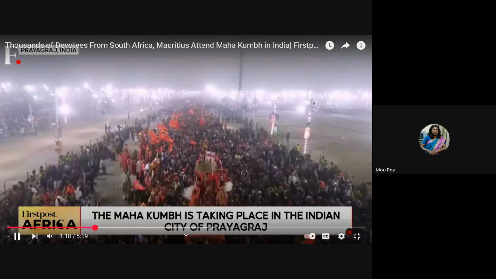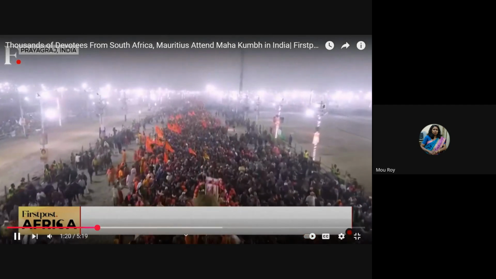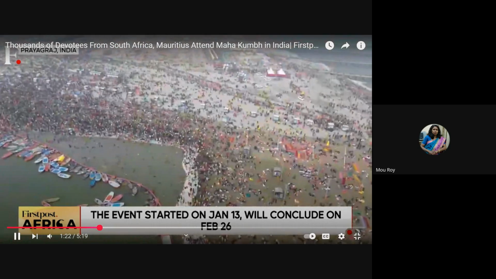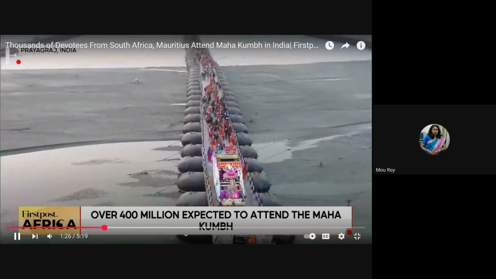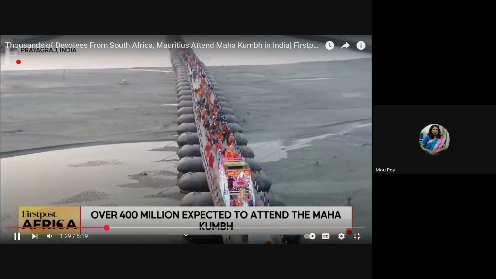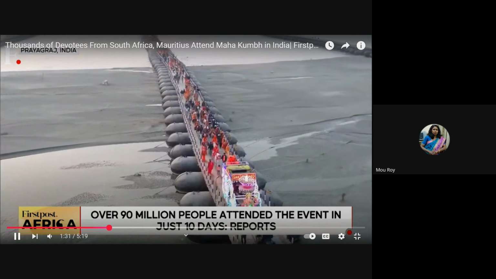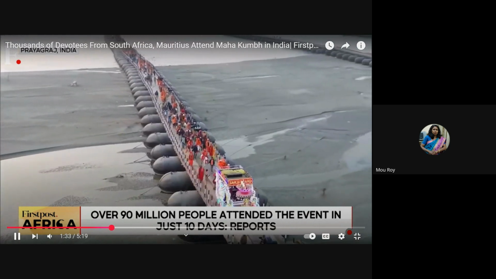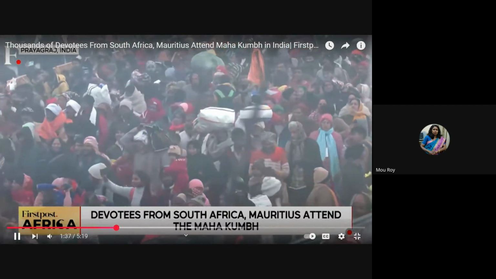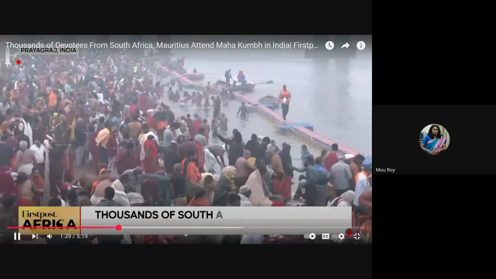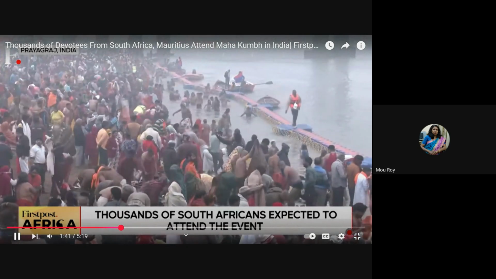The Kumbh Mela pilgrimage takes place every 12 years, but this year's gathering is particularly significant. The Mahakumbh is taking place after 144 years, with a special celestial alignment of the Sun, the Moon, and Jupiter. The grand festival began on January 13 and will conclude on February 26, spanning 44 days.